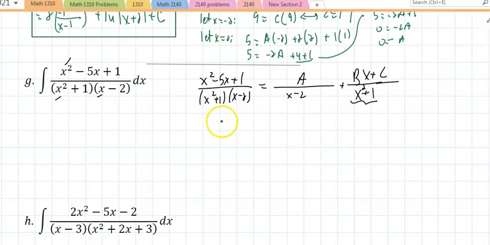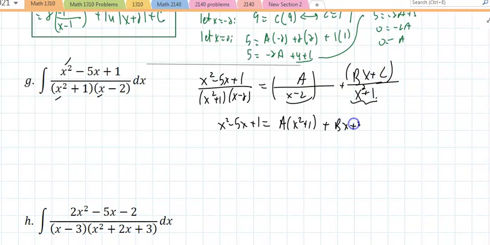So now we do the same, except now it's a bit messier. If I clear the fractions, this is missing an x squared plus 1. And this is missing the x minus 2. So before I proceed and get all the x squares and use the book's method, because this can't be 0, I would still use the 2.